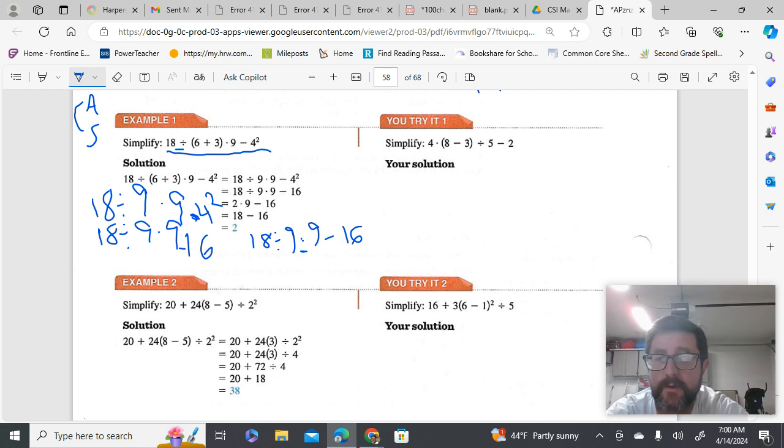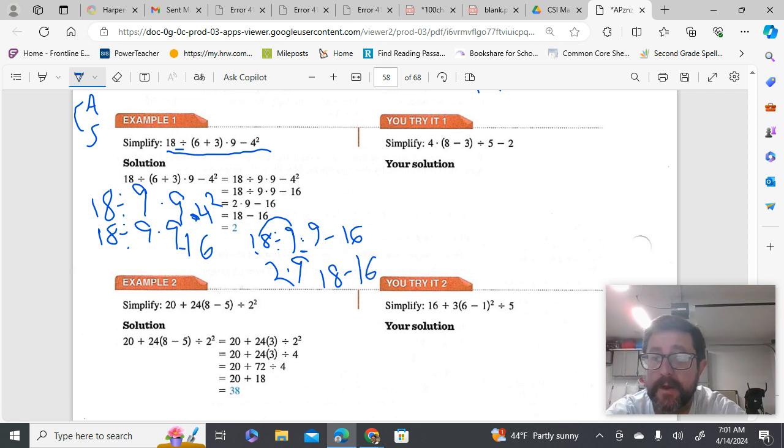So we go 18 divided by 9 is 2. Then we take 2 times 9, which is 18 again, and we go 18 minus 16.